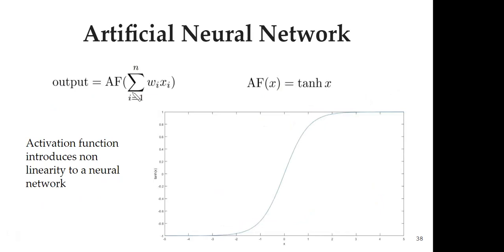If the activation function is not there, the whole neural network can be represented as linear equations, as all we are doing is weighted summations. There are different activation functions available. The one I am using is a hyperbolic tan function. This is the activation function that I have used.